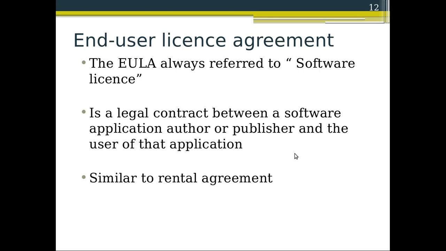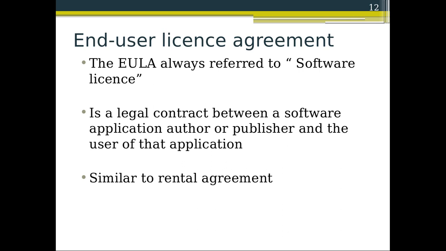You have a program on your PC and you want to use it. You have to obtain a license to be able to use that program or software. It's an agreement between you as a user and who conceived and designed that program, the author or the publisher.